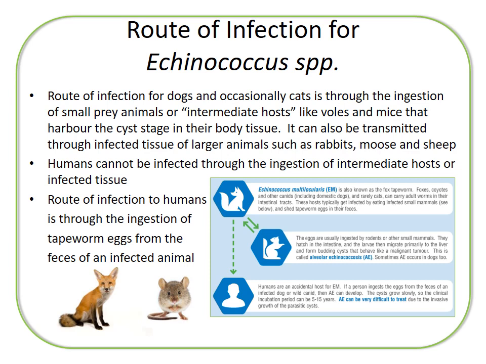It can also be transmitted through infected tissue of larger animals like rabbits, moose, and sheep. Please be aware that humans cannot be infected through the ingestion of intermediate hosts or infected tissue. The route of infection to humans is through the ingestion of tapeworm eggs from the feces of infected animals.